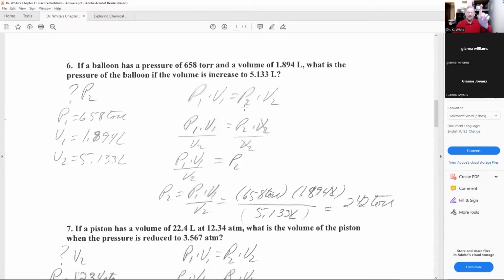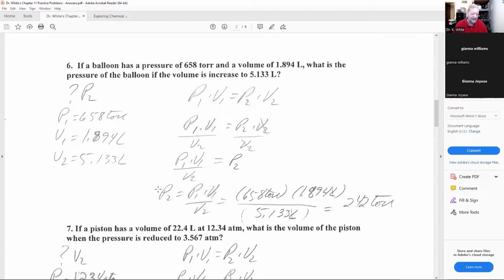Anything divided by itself is number one, means it's gone. So I divide this side, P2 times V2 divided by V2, and I get 1. 1 times P2 is P2. However, whatever you do to one side, in this case divided by V2, you have to do to the other. So we now have P1 times V1 divided by V2 equals P2.